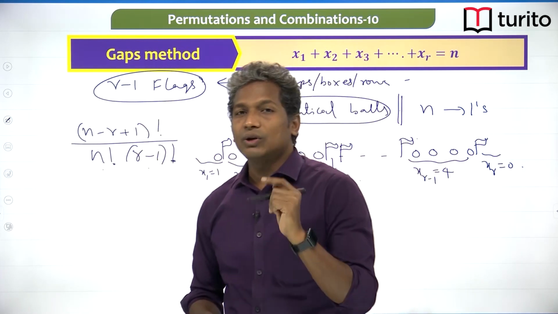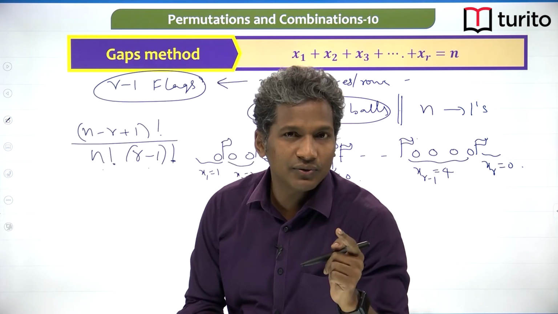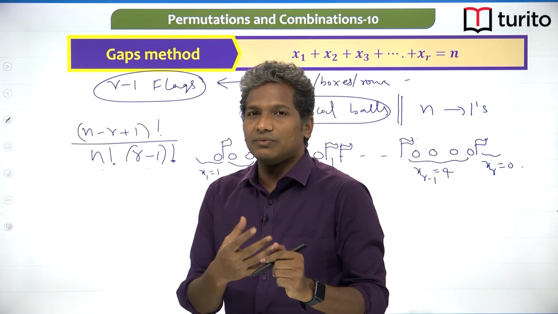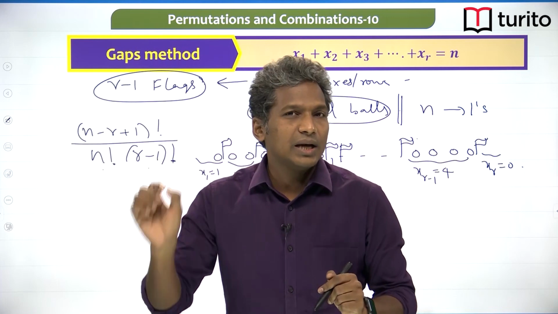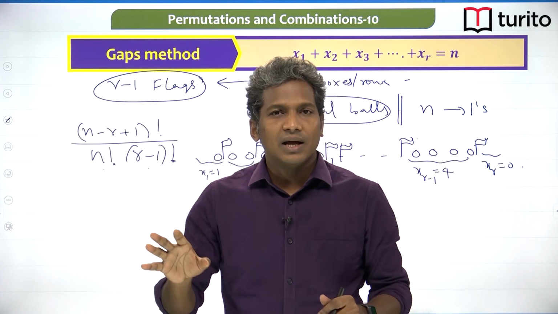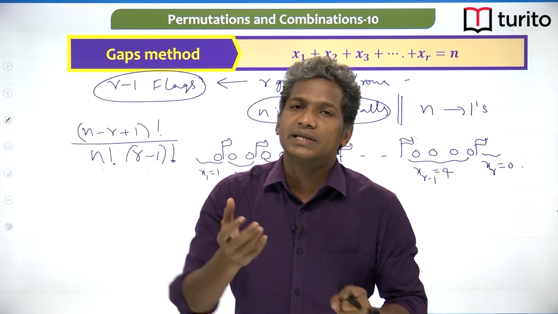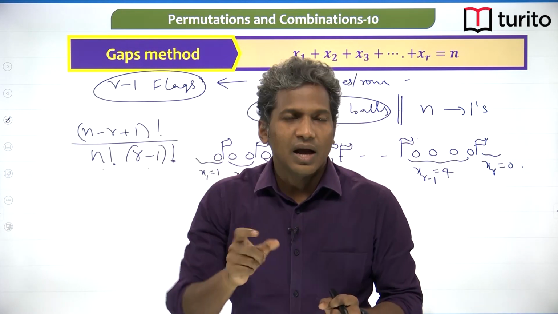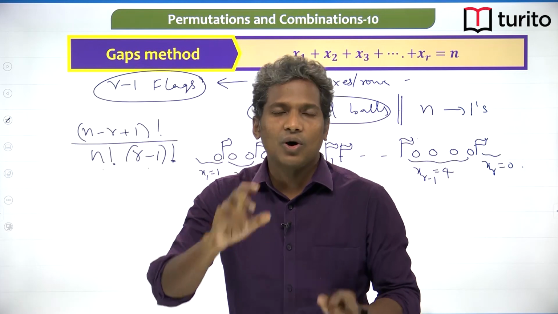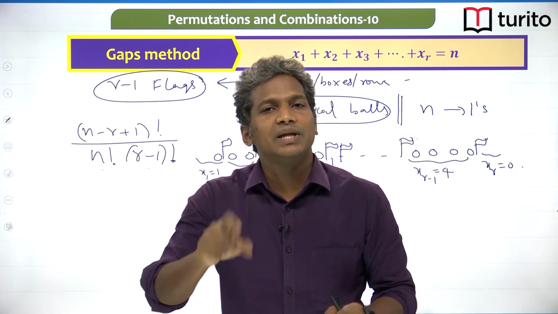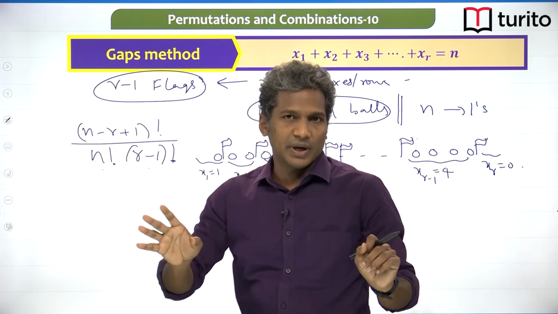But if we go by the other idea, the micro method, we will imagine that there are n plus r minus 1 seats, and out of them we select any r minus 1 seats, place the flags there, and in the remaining places put the balls. Or you can do the balls arrangement first, then the flags arrangement, it does not matter.